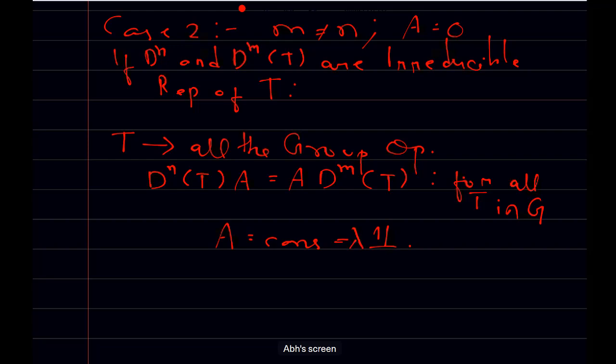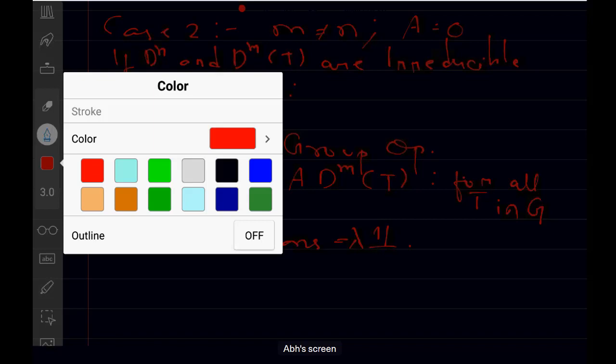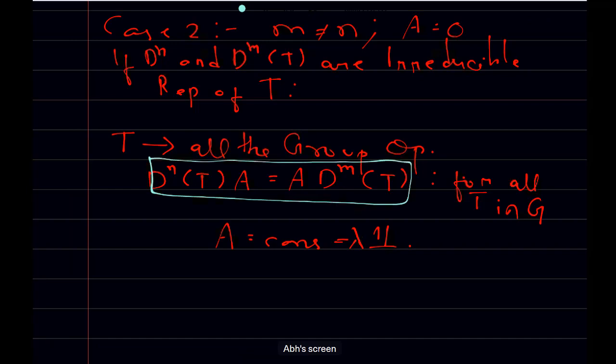See, this is very interesting. When I am writing this relation not just for one group operator, but saying that it is true for all the group operators, I am making a bigger statement. If this is true for all group operators, then what is the status of A? A is a matrix that commutes with all the matrices of an irreducible representation.